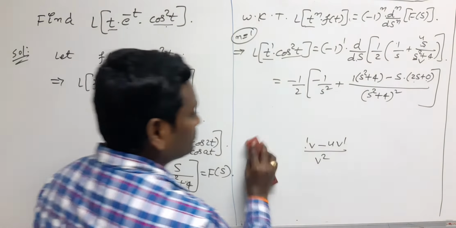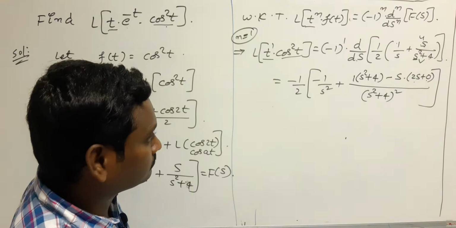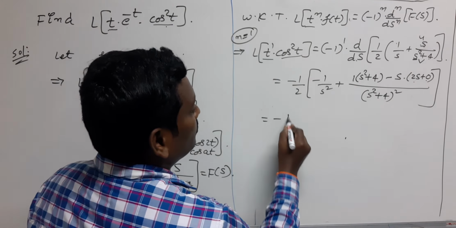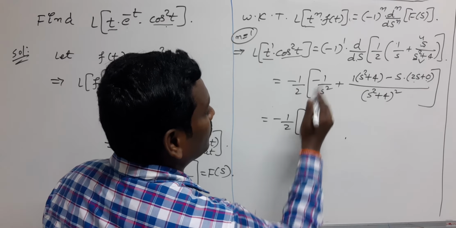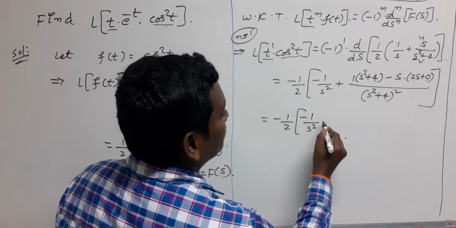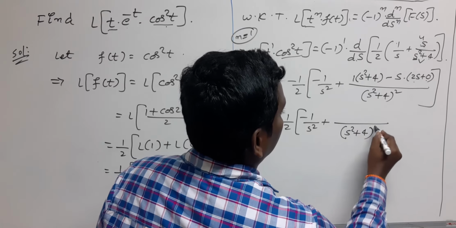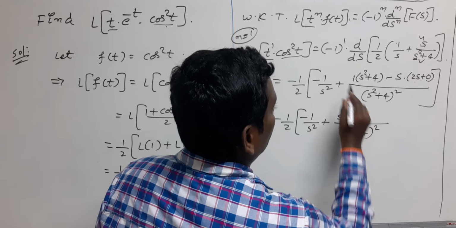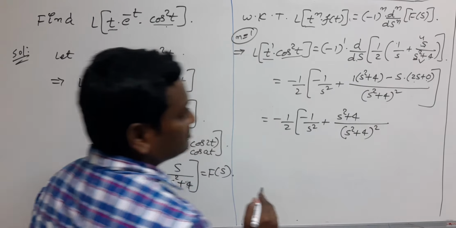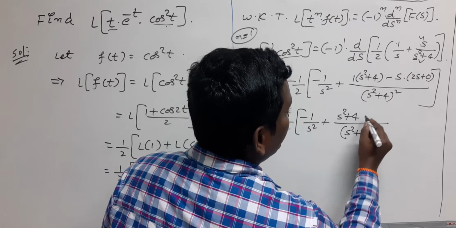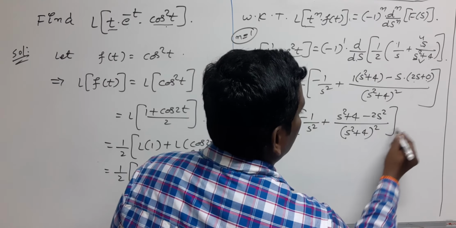Now simplify the terms. So minus 1 by 2 into minus 1 by s square plus s square plus 4 whole square, s square plus 4. 1 into s square plus 4 is s square plus 4 minus s into 2s, 2s square.